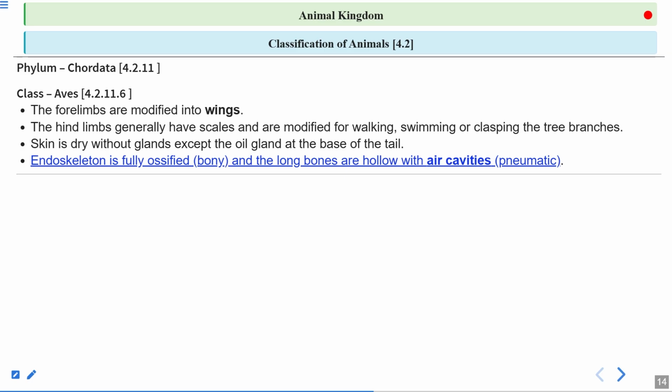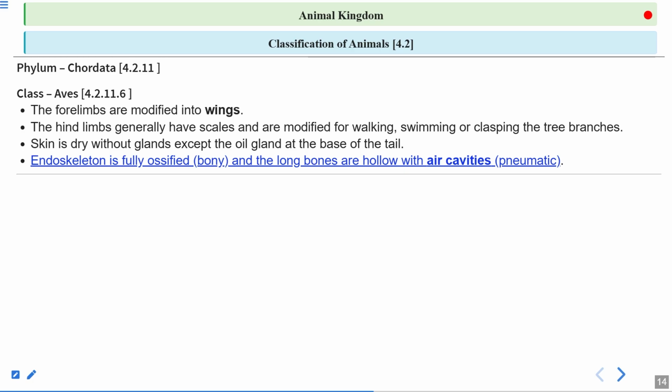Endoskeleton is fully ossified, bony, and the long bones are hollow with air cavities. That is called pneumatic bones. Air cavities means pneumatic bones. Now, why do they have these hollow bones? Because they have to fly. They spend most of their time in the air only. So if their body is heavy, they cannot fly, right?